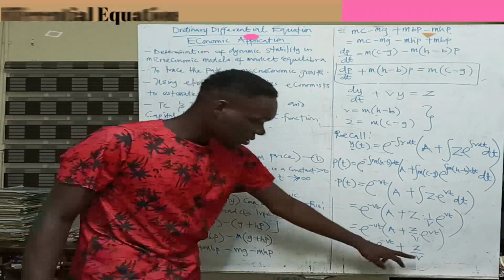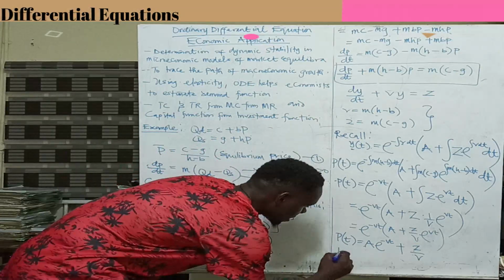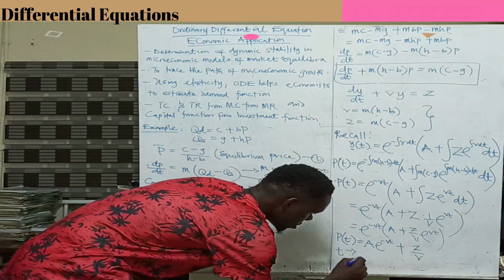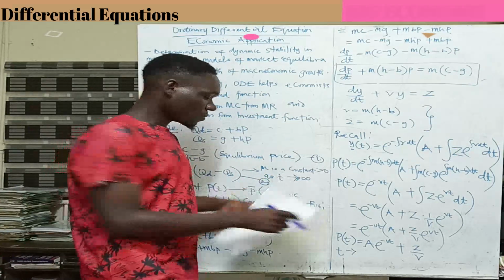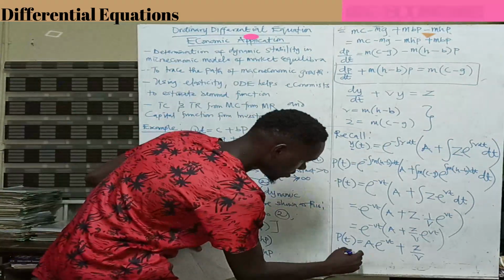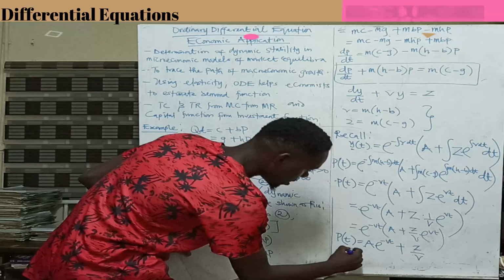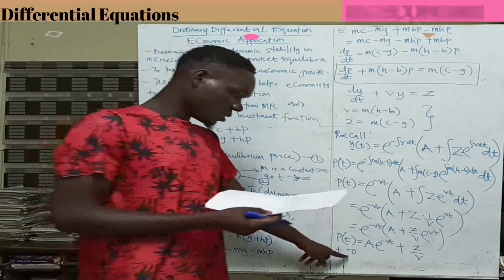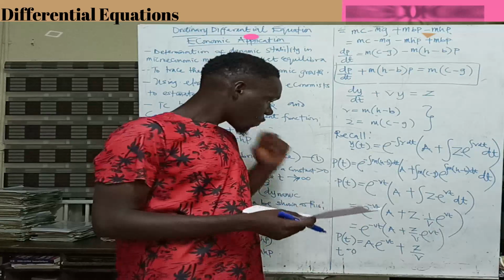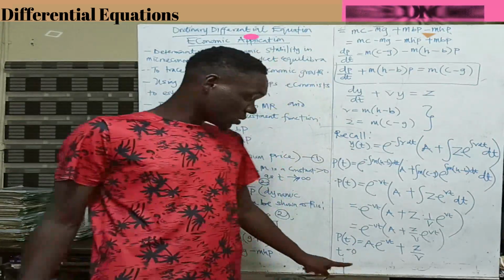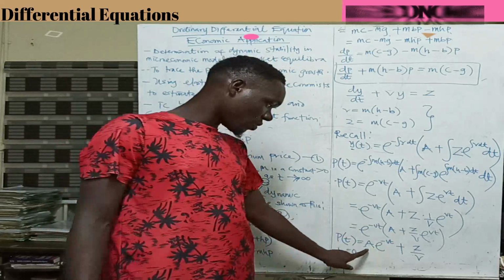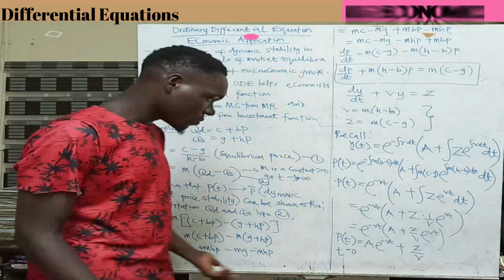So for this to approach this, it means that as this tends to, in this case, we have this t to be 0. That is, when this is 0, this overall expression, if we assume this to be 0, becomes 0.